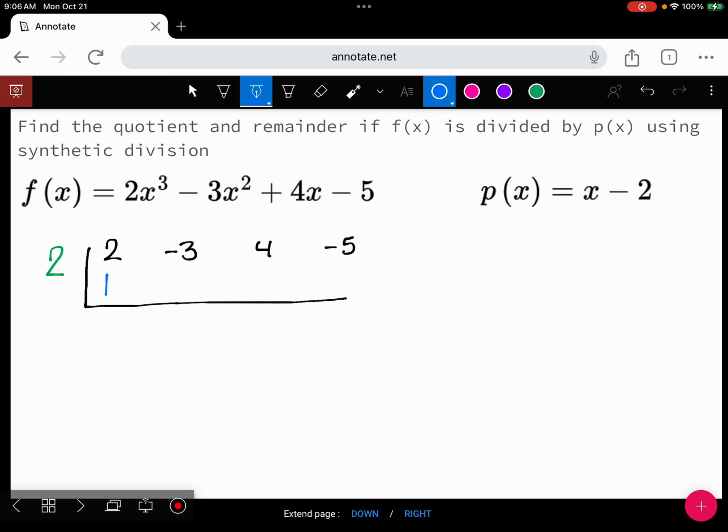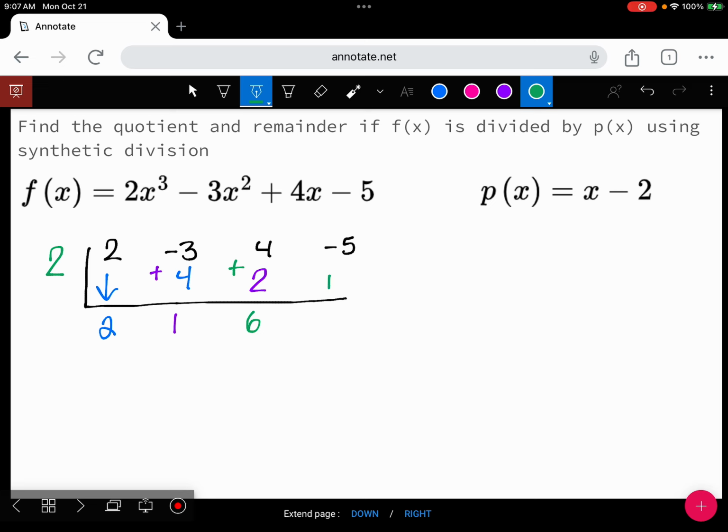So doing our synthetic, we're going to drop it, multiply to the left. 2 times 2 gives me 4, and then we add. -3 plus 4 is 1. Bottom times the left, 2 times 1, which is 2. Put it under, and then we add. 4 plus 2, that's going to give me 6.